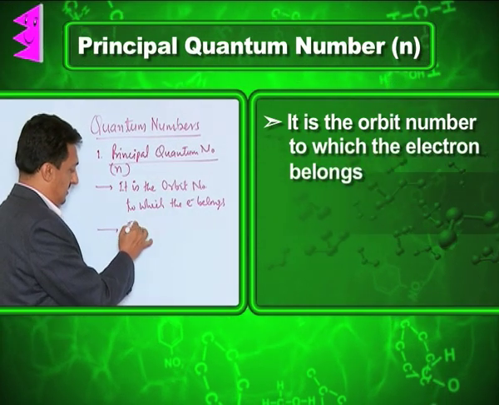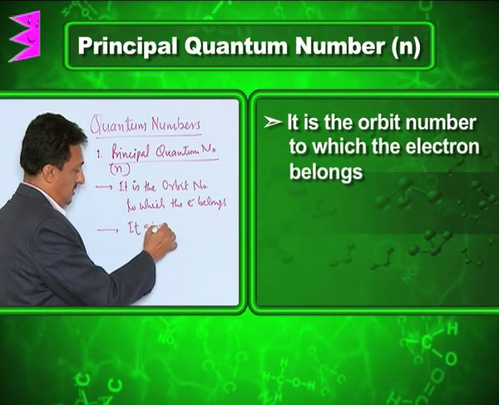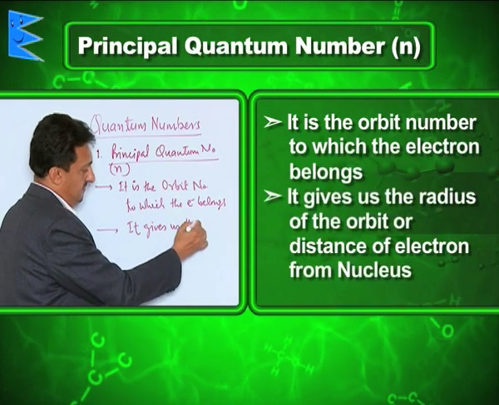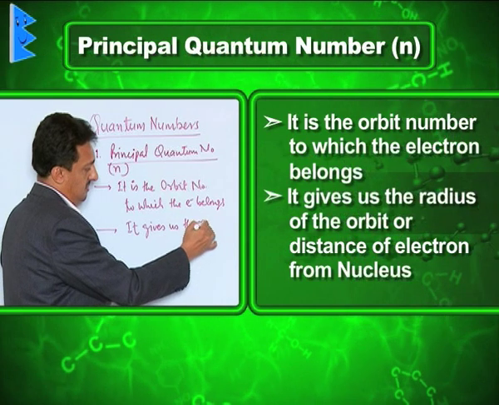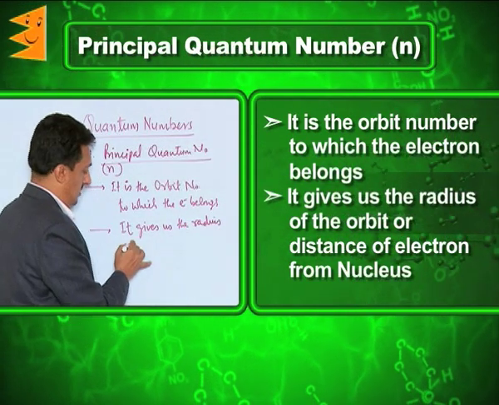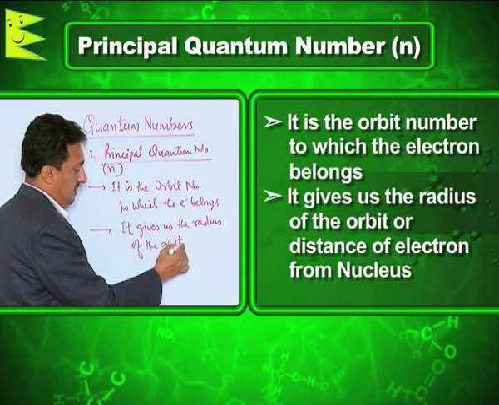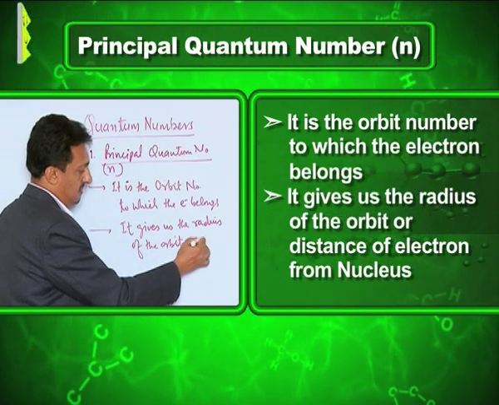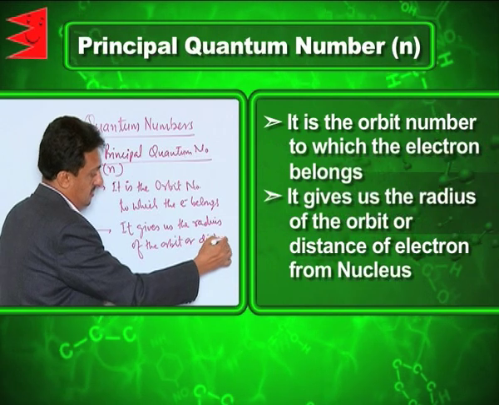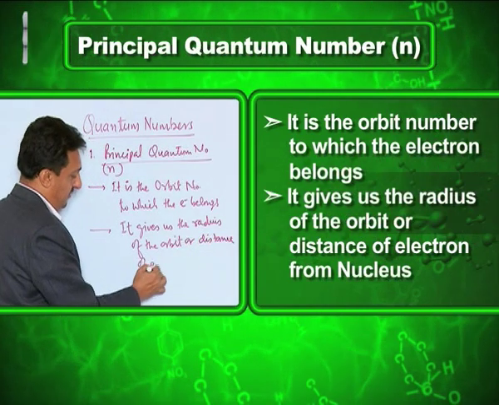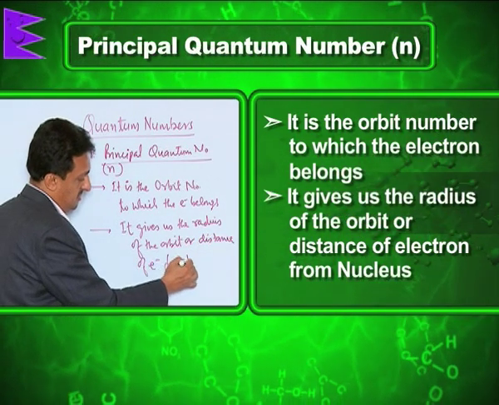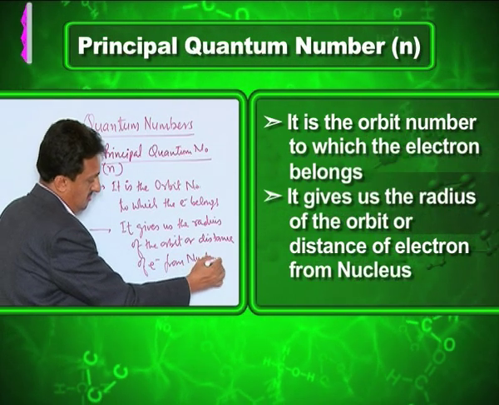Then it gives us the radius of the orbit or distance of the electron from the nucleus.